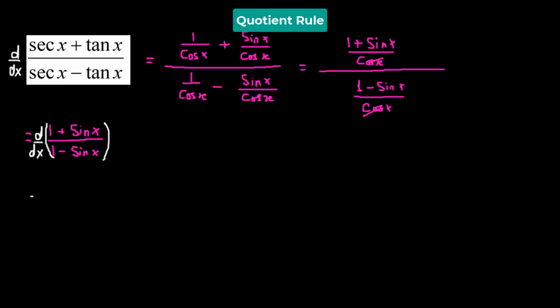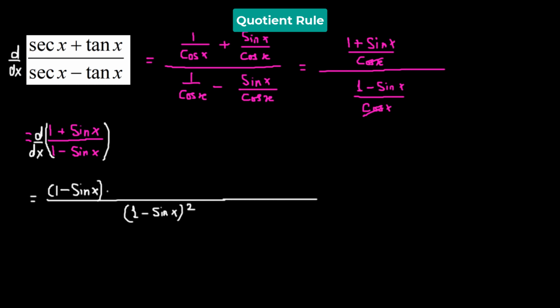So let's find it out. This will be equal to, we have 1 minus sine x whole squared in the denominator. In the numerator, we have 1 minus sine of x multiplied by the derivative of the numerator, which is the derivative of 1 plus the derivative of sine of x, minus the numerator, which is 1 plus sine x, multiplied by the derivative of the denominator.